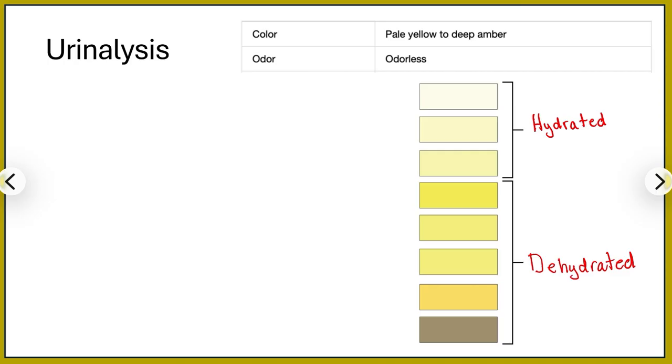So the overall yellow color comes from the breakdown of red blood cells or erythrocytes. The breakdown of these is going to form urochrome, which is derived from hemoglobin. So this is what gives it that yellowish brown color.